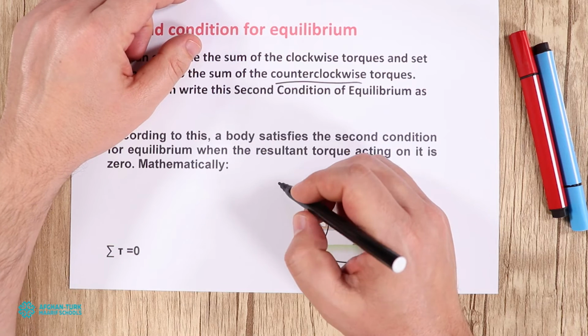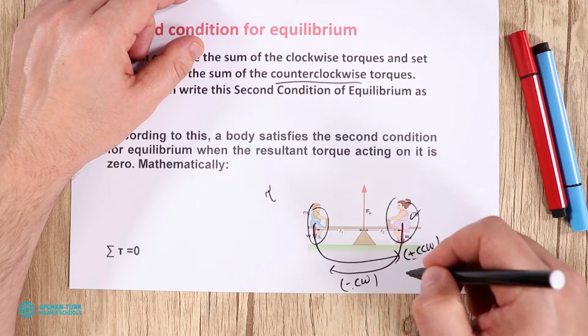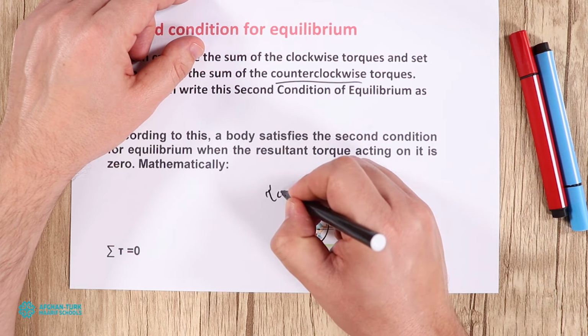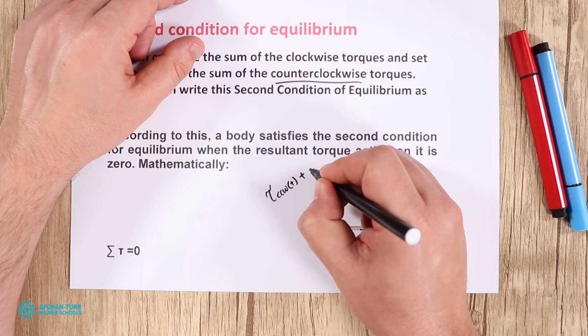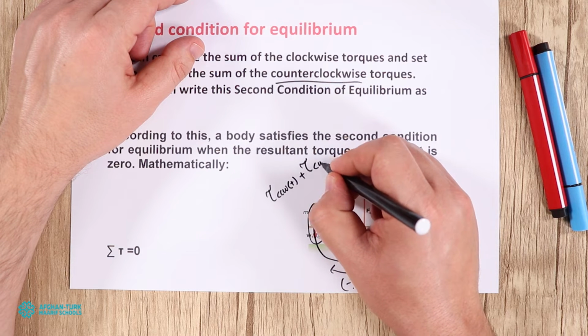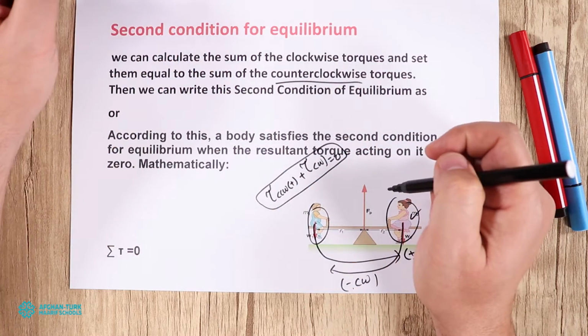Also we can say the sum of the counterclockwise torque plus the sum of the clockwise torque is equal to 0, so the object is in the second condition of equilibrium.